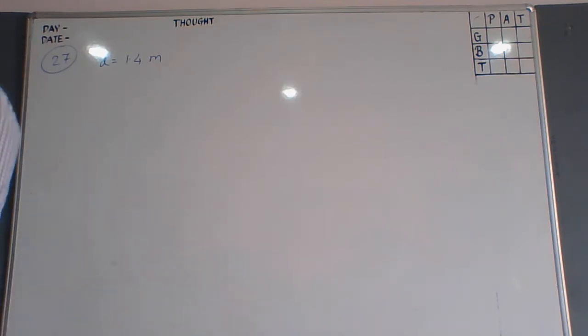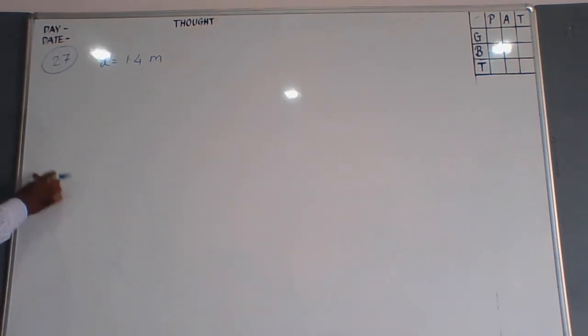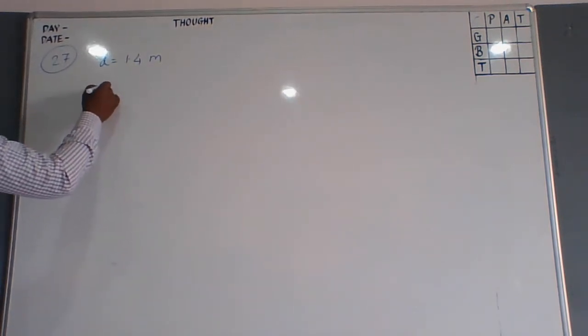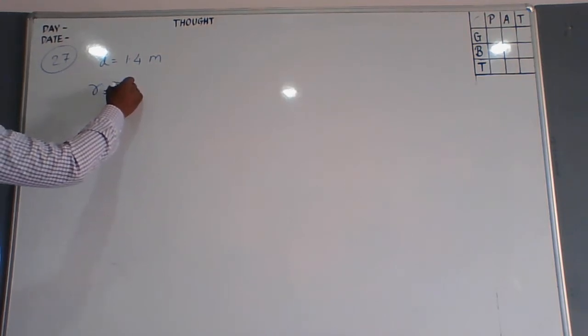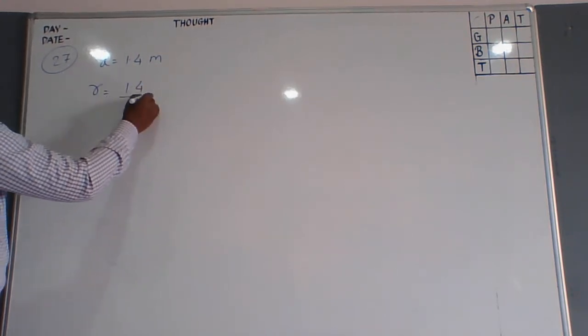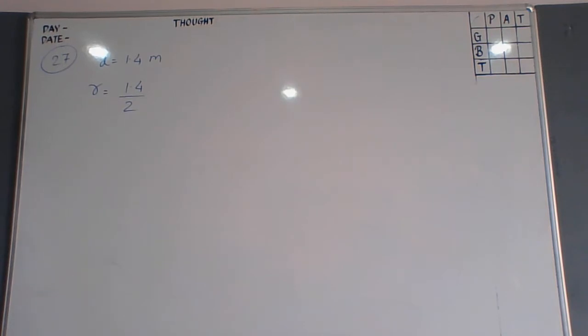Our question is to find out its circumference. So for finding the circumference, we need a radius, or directly we can apply the pi d formula. So let it be converted into radius, dividing by 2.